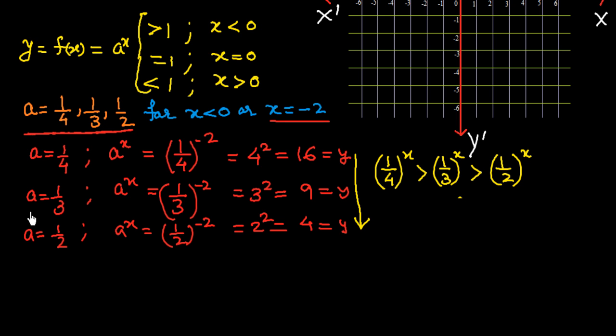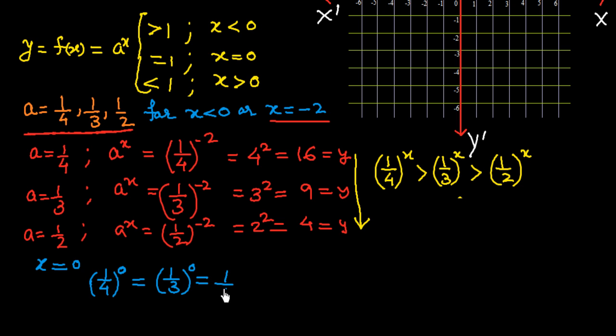Now friends, we see what happens if x is equal to 0. For a is equal to 1 by 4, we see that 1 by 4 power x, which is 0, is 1. 1 by 3 power 0 is also 1.